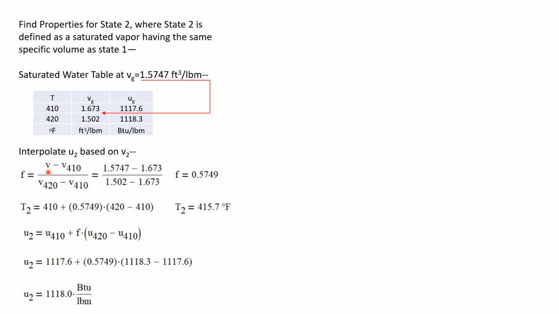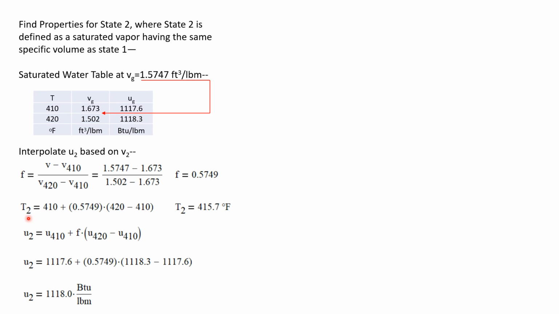That's just the specific volume, this 1.5747, minus the specific volume at 410 degrees, divided by the specific volume at 420 degrees minus the specific volume at 410 degrees. We plug in those values and we get an f value of 0.5749, which means that we're interpolating a value that's just a little bit more than halfway between these two table rows.